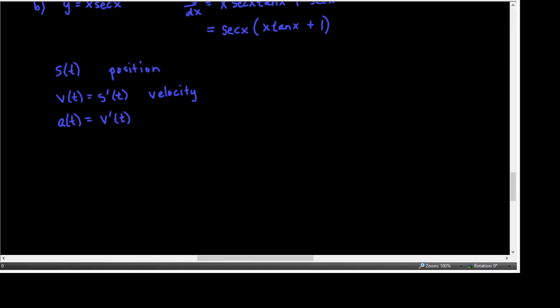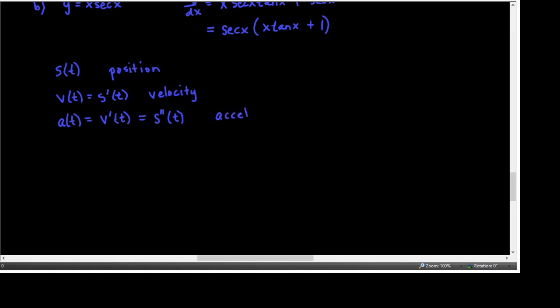But since velocity itself is the derivative of position, we say that acceleration, the first derivative of velocity, is the second derivative of position. You'll take the derivative of position to get velocity, and then the derivative of that, a second derivative from the first, it's the second one away. The second derivative of position is acceleration.